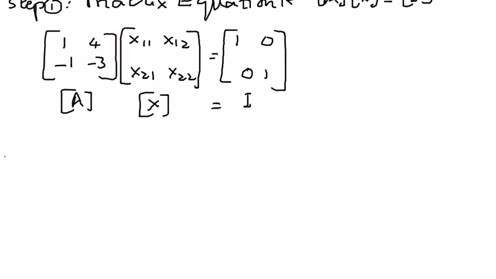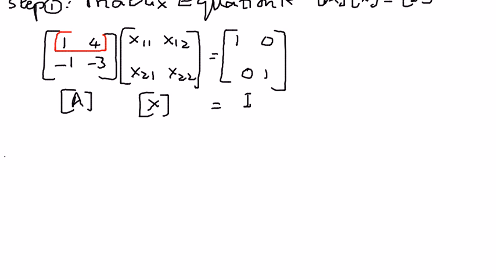In here we can perform the multiplication process. We can take A times X and see what we get, and then we will equate it to the identity matrix. So how do we do this?